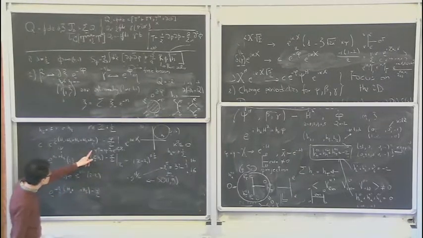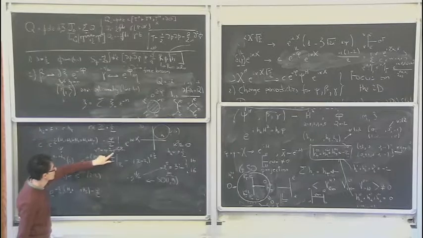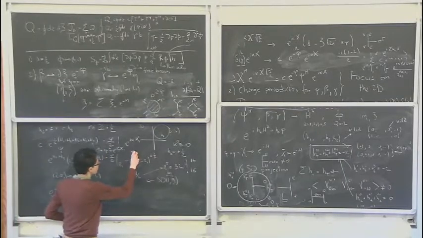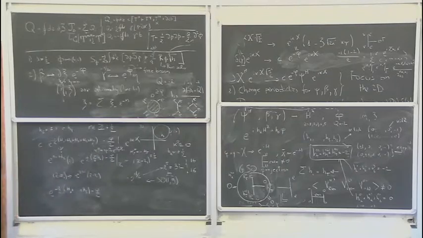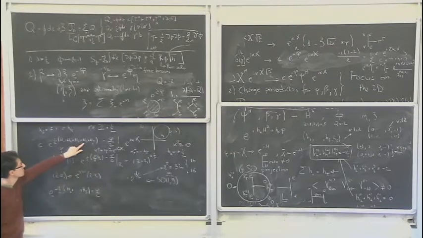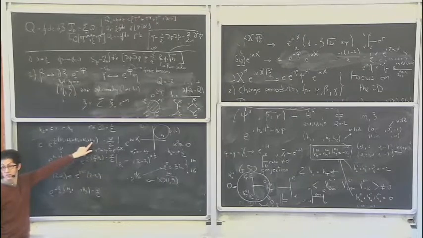So this is telling me that if I take the dagger of this, these psi's are real. h5 dagger is equal to minus h5. All the others are Hermitian. This one is anti-Hermitian.